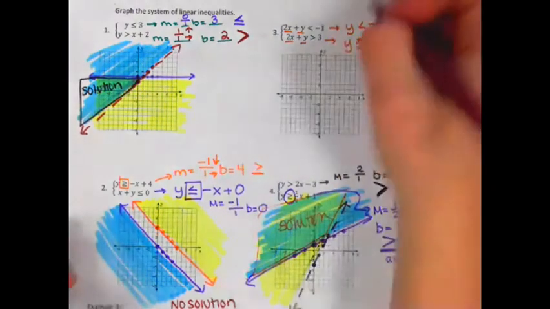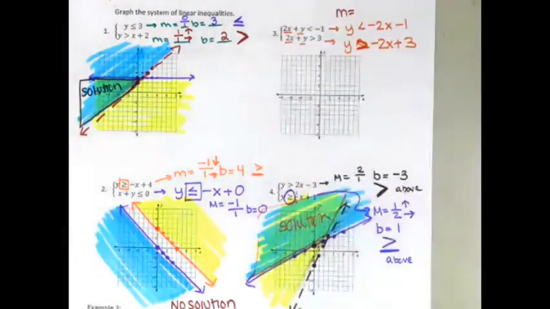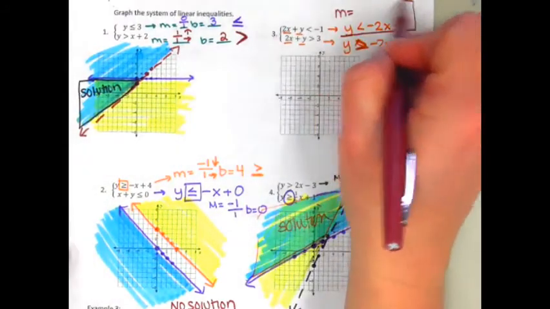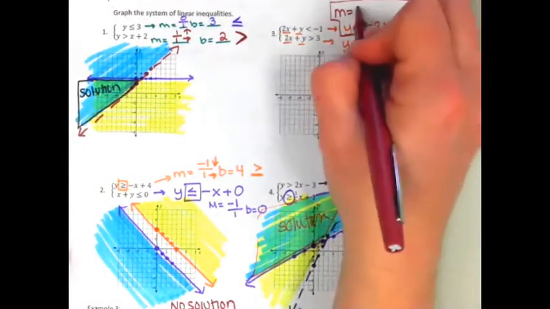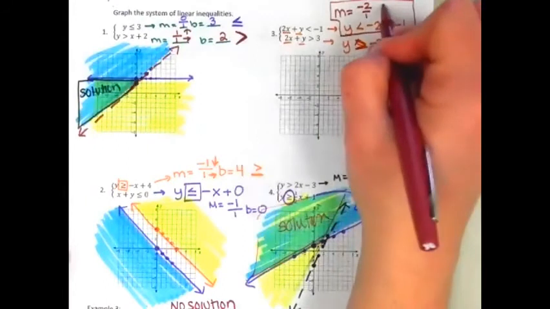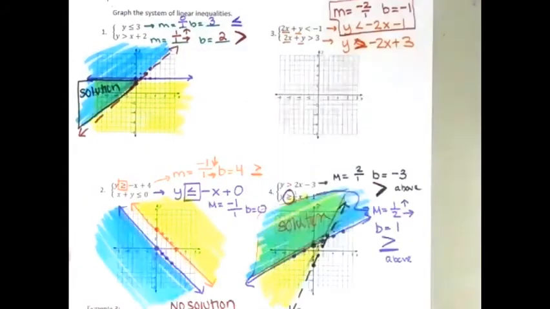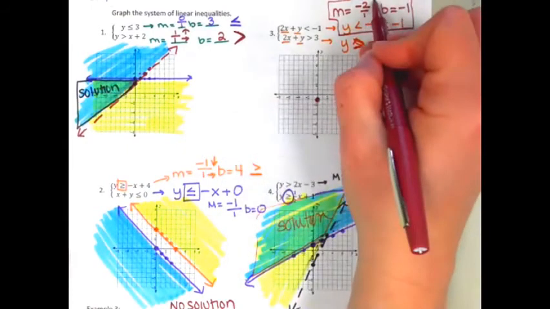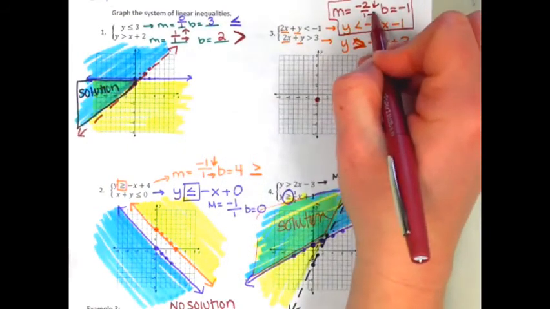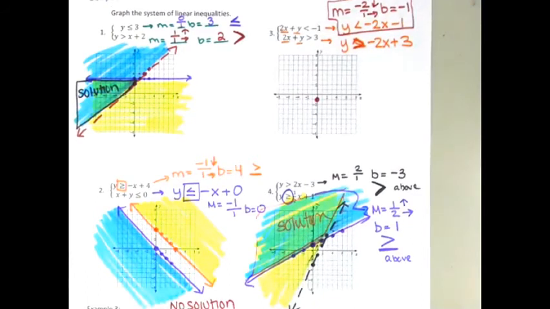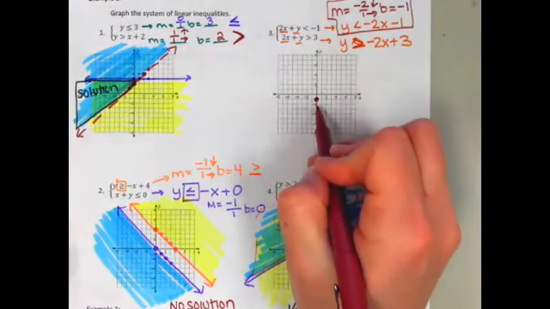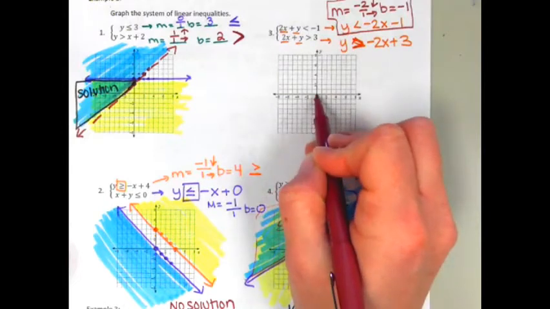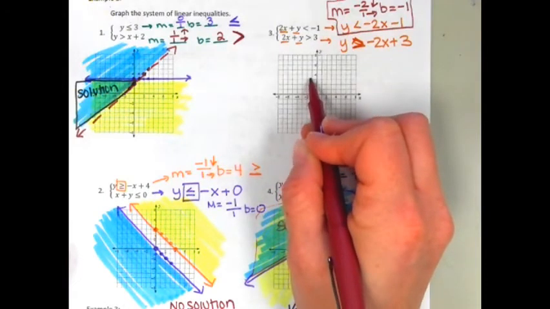All right. Let's look at that first line. What is my slope for the first one, the top one? -2 over 1, and my y-intercept is -1. So I'm going to start at -1, and then my rise is negative, so I'm going to go down 2, and my run is positive, so right 1. So down 2, right 1, down 2, right 1, or up 2 and to the left.